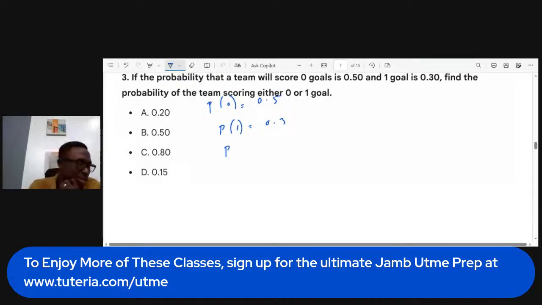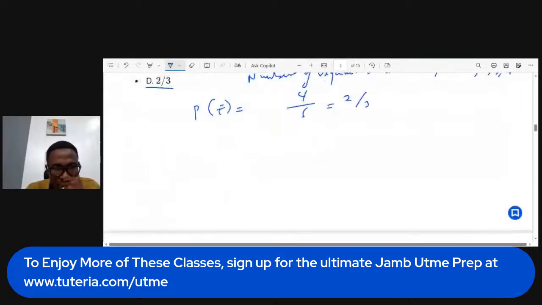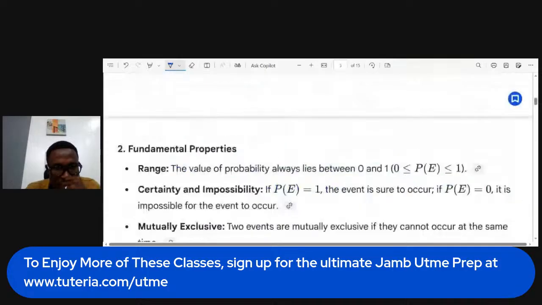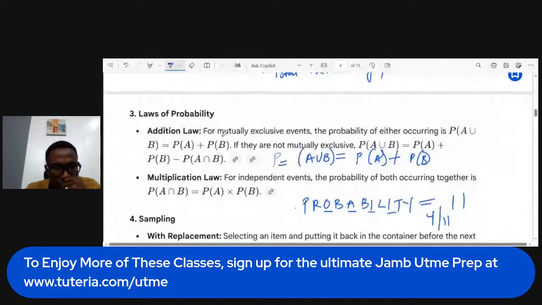All right. So the probability of obtaining either 0 or 1, right? That's P of A union B. That's what it means. Let's go back to our formula here and check. What does it give us for the probability of A union B? See there, the addition law for mutually exclusive events.